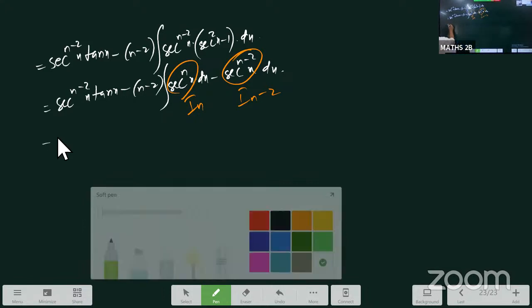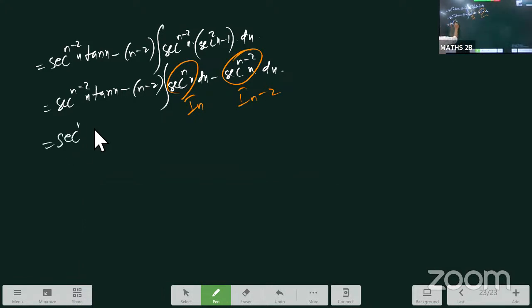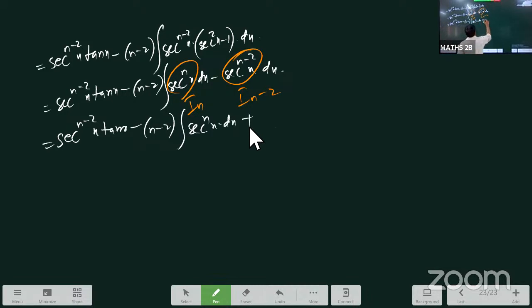Separate your integration: secant to the power n minus 2 x tan x minus n minus 2 integration of secant power n x dx plus n minus 2 integration of secant power n minus 2 x dx. Is it clear? Now this is actually I_n, no?